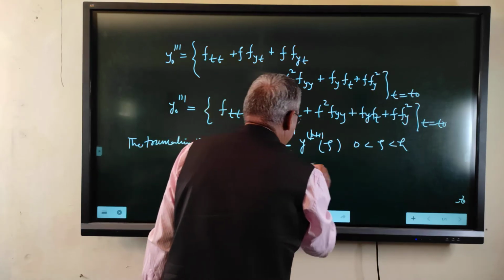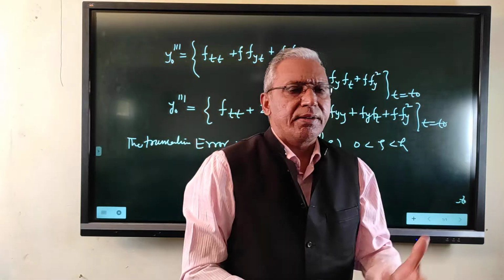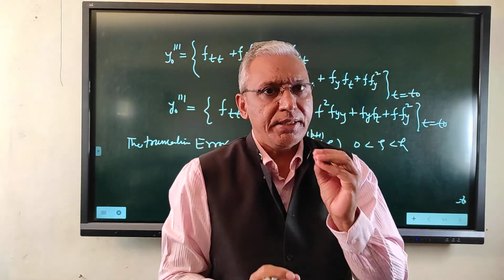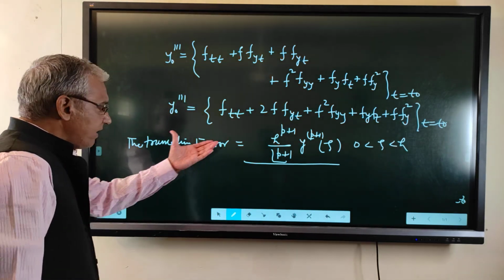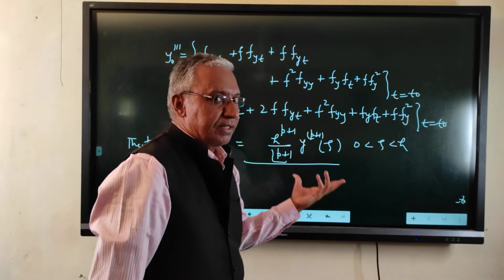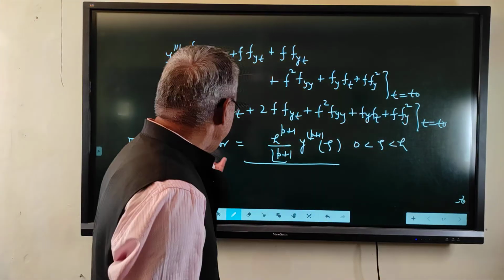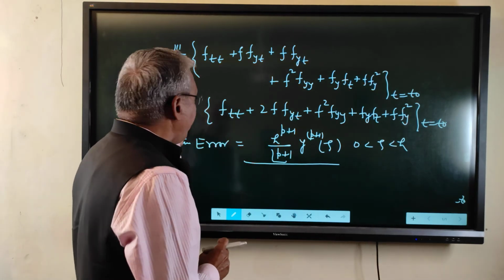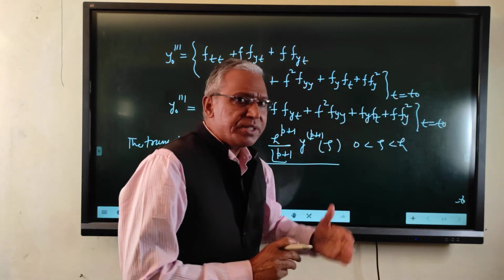This is the truncation error if we truncate the convergent series after the pth term, but we are not able to calculate it because we don't have the value of y at t = xi.